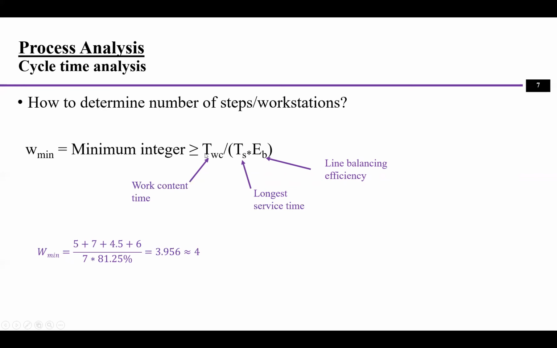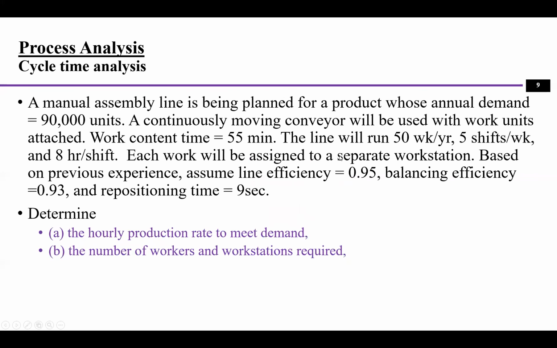Now let's go back to the description. We have the work content time, and we also have the line balancing efficiency. So as long as I can find the longest service time, or processing time, I can calculate the total number of workstations.